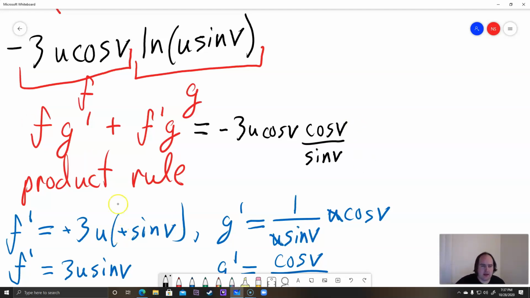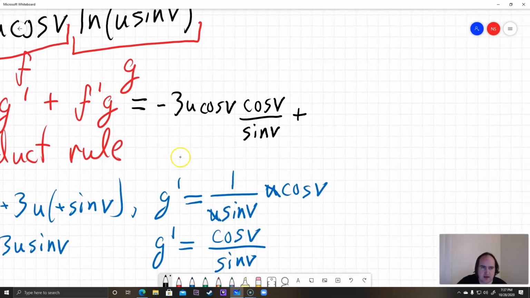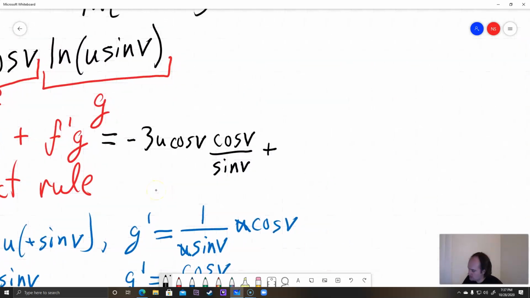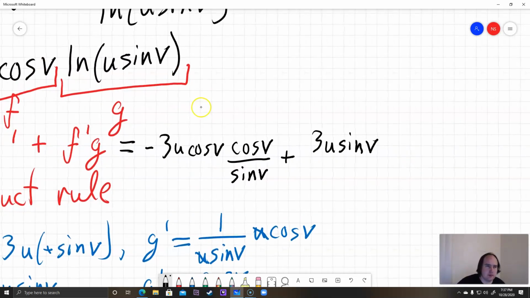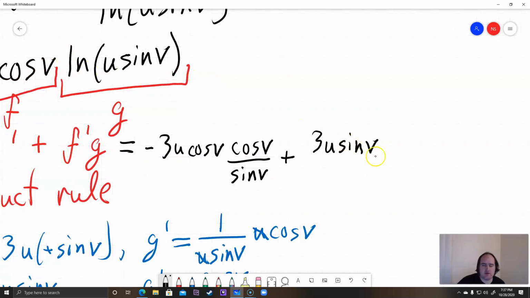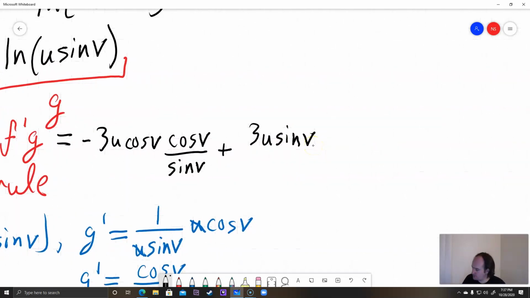Okay, and then we have plus f prime g. So that's going to be plus, well, f prime we said was 3u sine of v. So we have plus 3u sine of v times g, and g is ln of u sine of v.